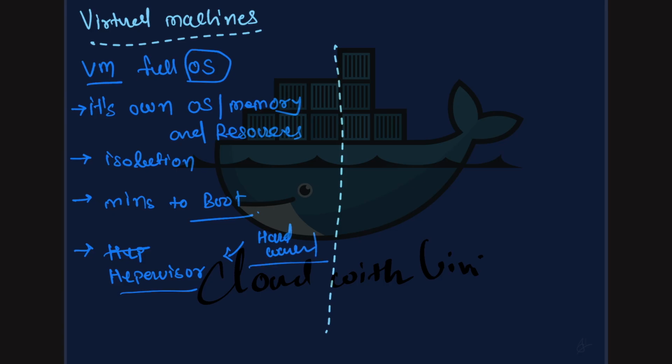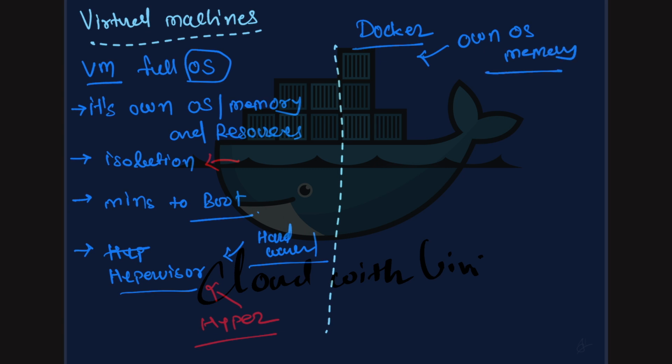We will understand what a hypervisor is and how the isolation actually works in the detailed video of VM versus Docker. But let's just understand this. Docker does not have its own OS or memory, and it basically provides isolation. So you can create D1, D2, D3, multiple applications, without interfering with each other's memory, storage, and other things.